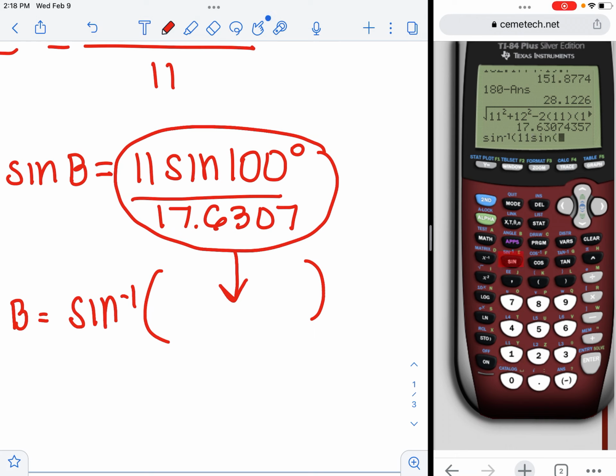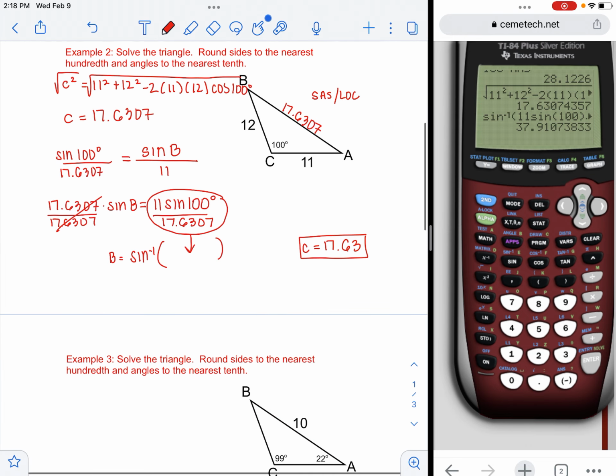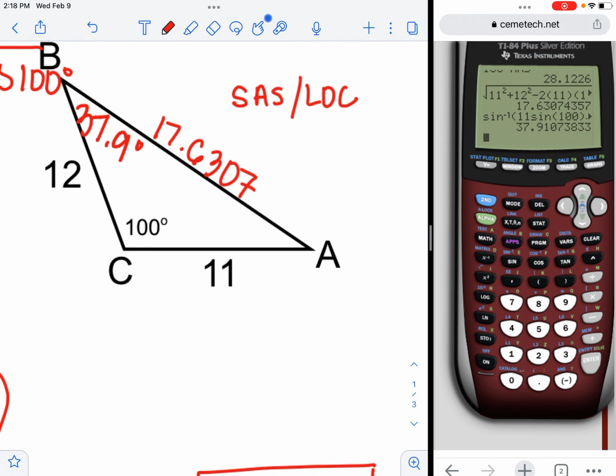All right, I'm going to go ahead and type that in my calculator. Sine inverse, 11 sine 100, close parentheses, divided by 17.6307, enter. And I got 37.9 degrees. Remember, this is an angle, so I'm rounding to the nearest tenth. So angle B is 37.9 degrees. I'm going to write that in my diagram.